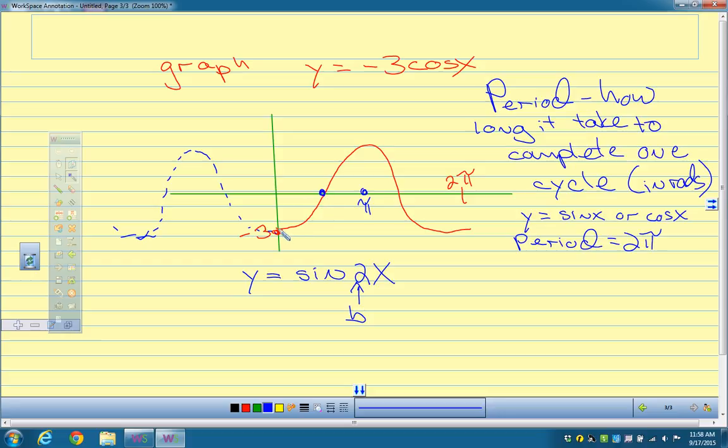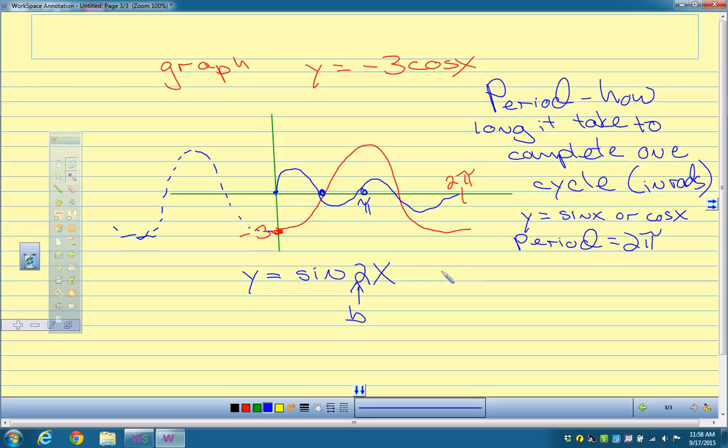So I could show you that y equals sine of 2x on the same graph would go up, down, and up, and down. Not very accurate, but it would do 2 of those in 2 pi radians, right?